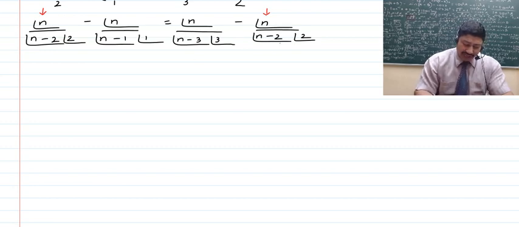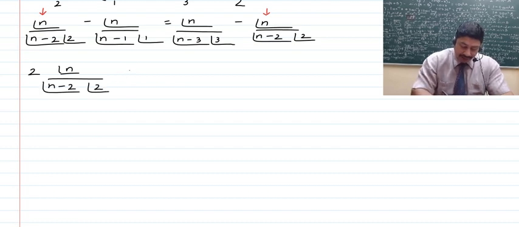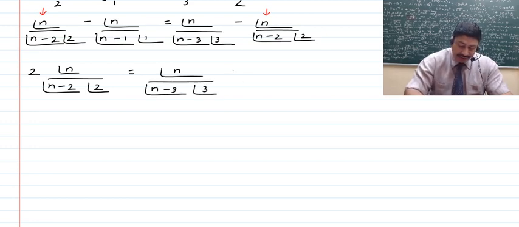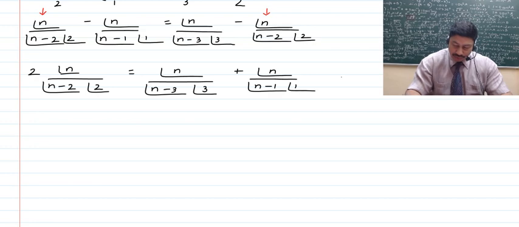So now we transpose the one which is negative, that is the second coefficient, to the left hand side. So now we have 2 times factorial n divided by (n minus 2) factorial times factorial 2, which will become equal to factorial n divided by (n minus 3) factorial times factorial 3, to which is added factorial n divided by (n minus 1) factorial times factorial 1.